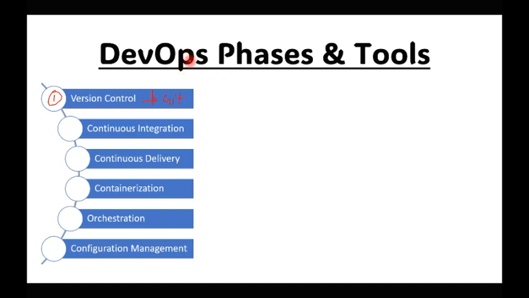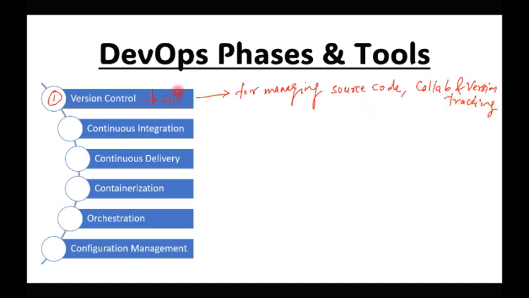So at a high level, it's a distributed version control system for managing source code, collaboration, and version tracking. This is the main purpose of this tool.